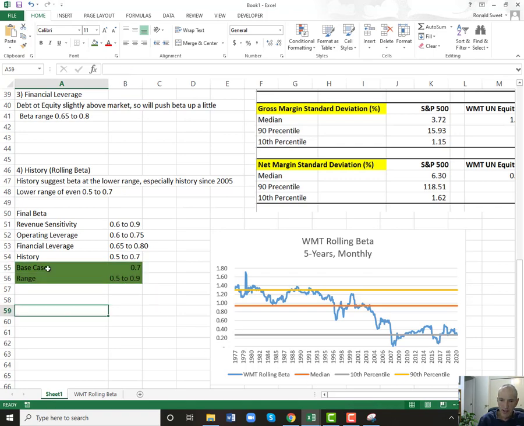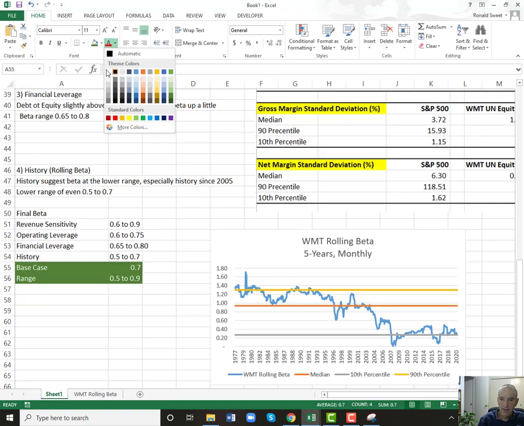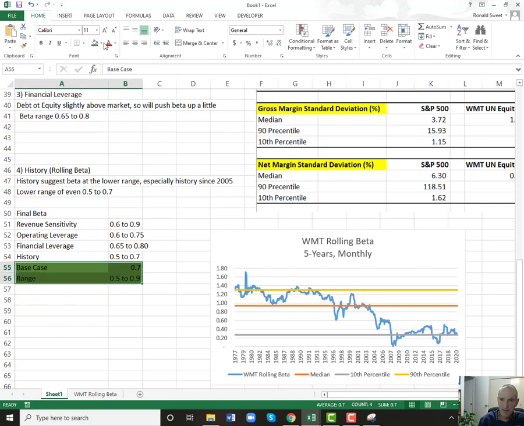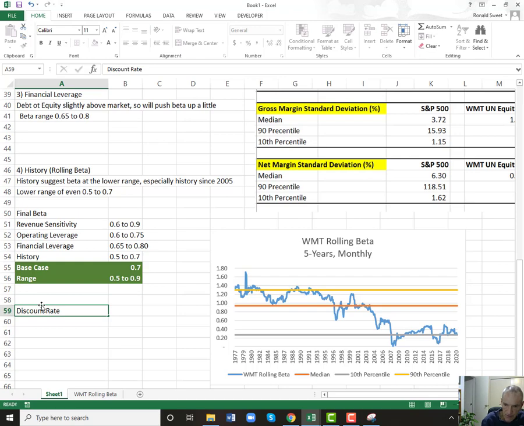All right, so now that we have our discount rate assumptions, let's actually get the actual discount rate here. So our discount rate will be our risk-free rate. We're using 0.019 there.